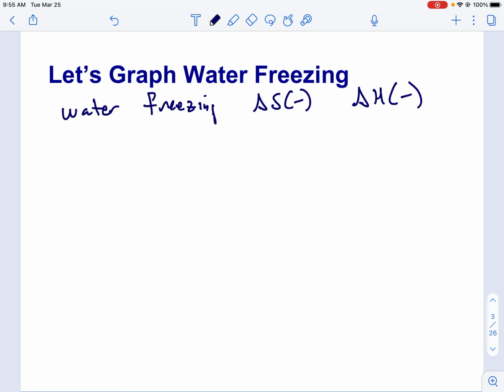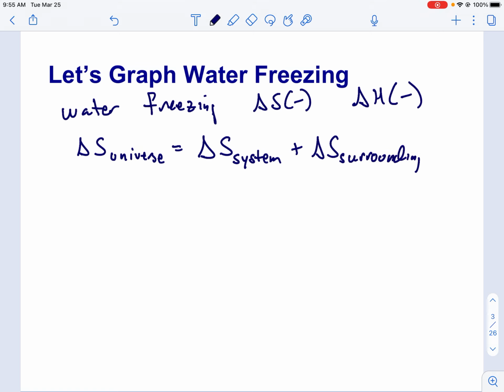And remember that the change in entropy of the universe is equal to the change in entropy of the system plus the change in entropy of the surroundings. And all of this has to be greater than 0 for it to be spontaneous. It has to be greater than 0.